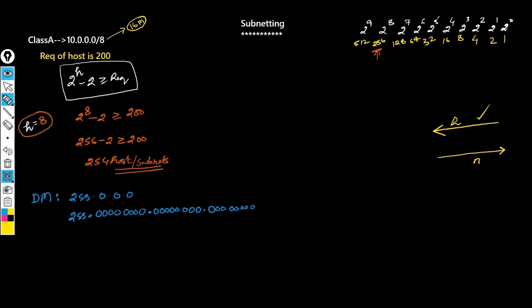Right now we follow this one, so the number of host bits is 8: 1 2 3 4 5 6 7 8. This is the number of host bits I will keep, and the rest of all you will have to convert into ones.